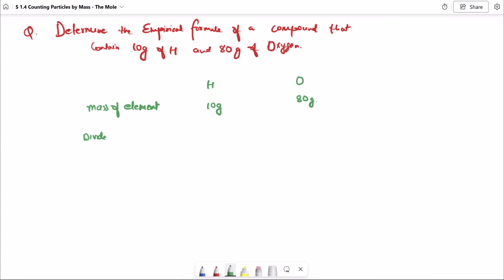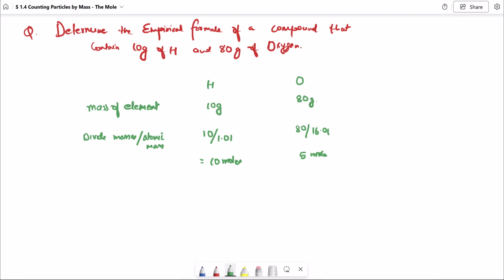You have to divide masses by atomic mass. So here we are going to get 10 divided by 1.01. Here 80 divided by 16.01. Here we will get 10 moles. Here we will get 5 moles.